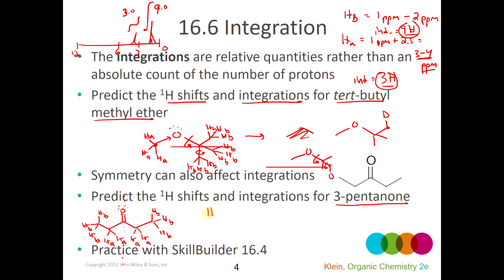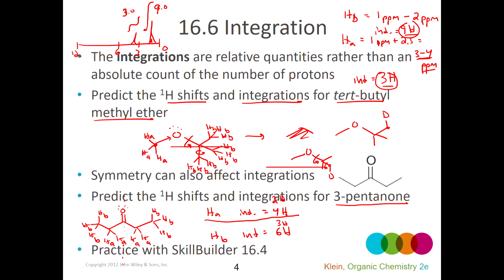So where would those signals end up appearing, and what would their integrations be? Hydrogens A, there'd be 4 of them, so the integration would be 4 hydrogens. Hydrogens B, there are 6 of them, so the integration would be 6 hydrogens. But again, the integration might be 2 to 3.